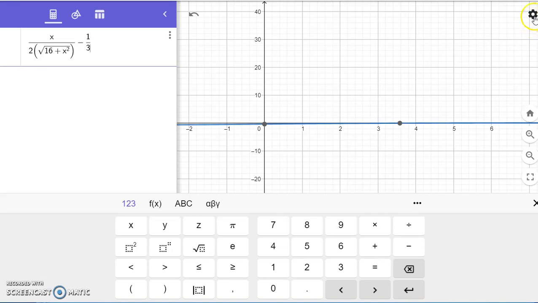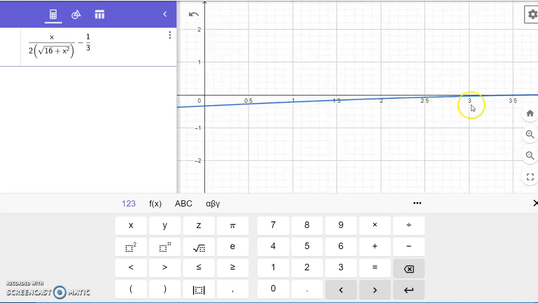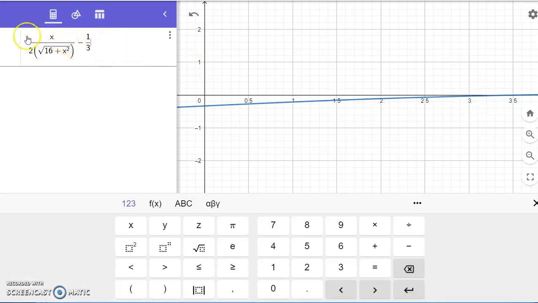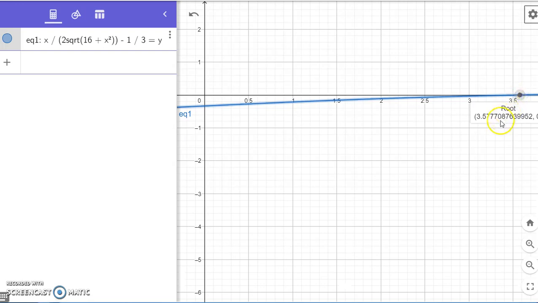Here, let me zoom to fit here. There we go, a little bit better. I wonder what happens if I do equals y. There we go. All right. So there, 3.58.